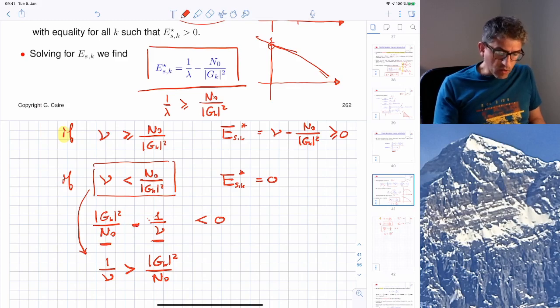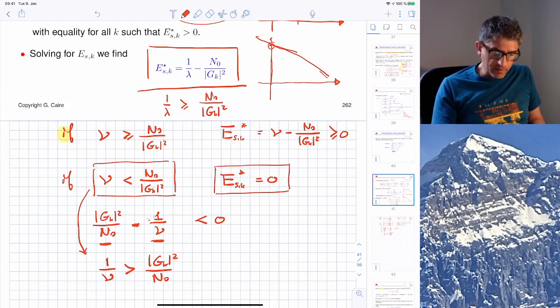Okay, so this confirms that in the condition nu less than n0 divided by g_k squared, then the solution is E_k star equal to 0. So we have the boundary point.